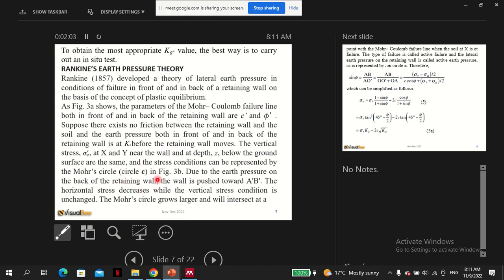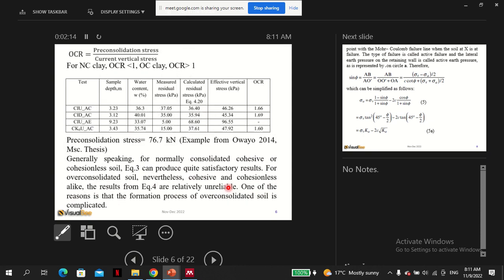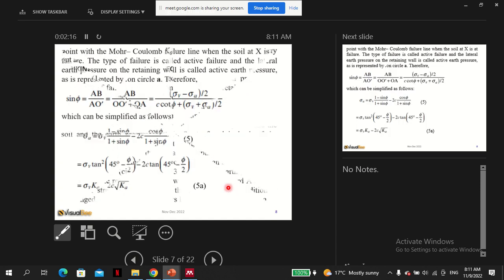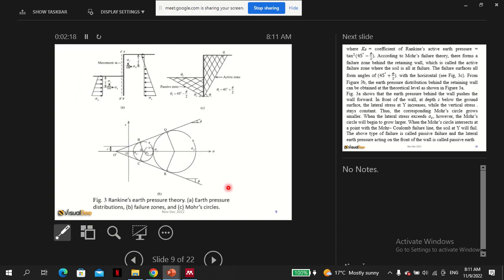So then, in figure 3b, due to the earth pressure on the back of the retaining wall, the wall is pushed toward AB. So this is what I was trying to say.